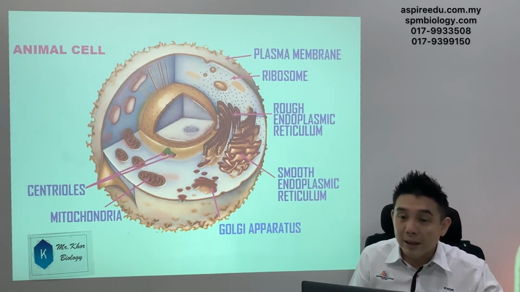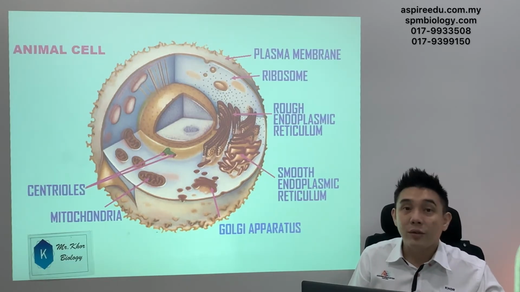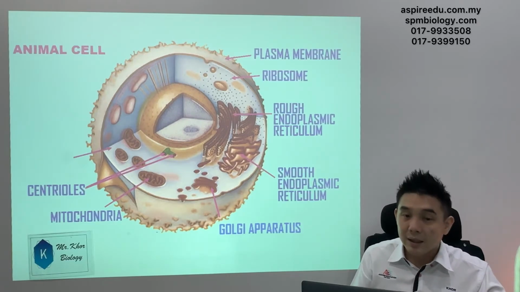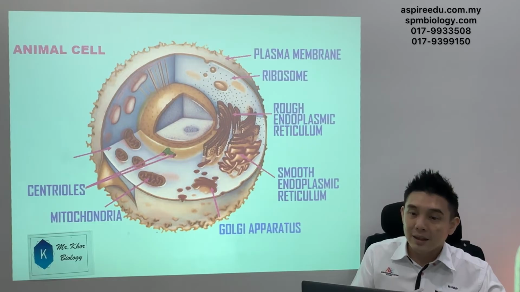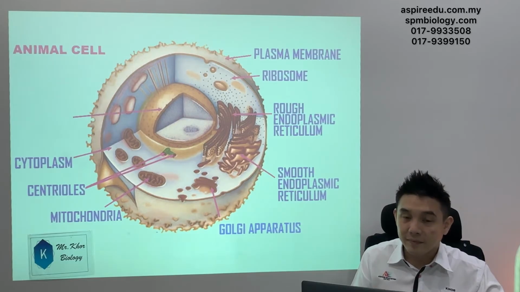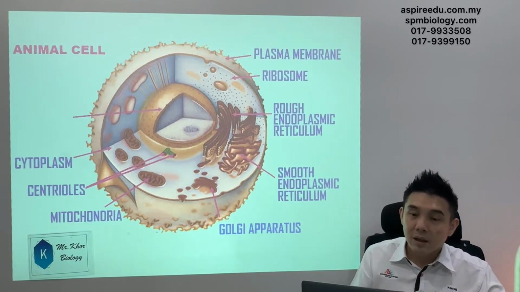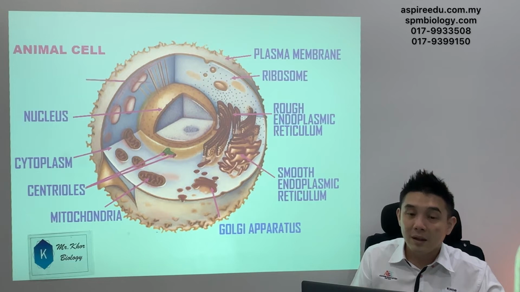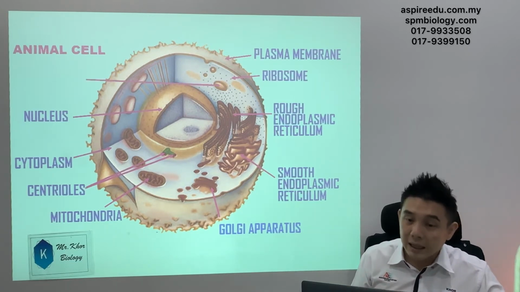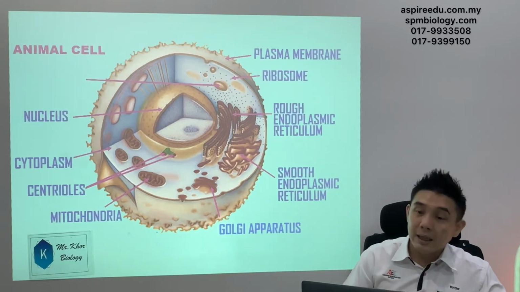Centrals, what's the keyword again? Cylinder. This one here? How about this? Cytoplasm, the fluid. Nucleus. And the last one on top, guys: something round but bigger than ribosome.